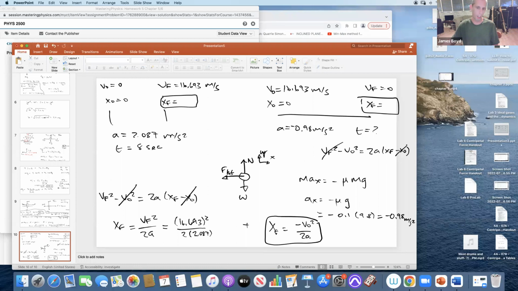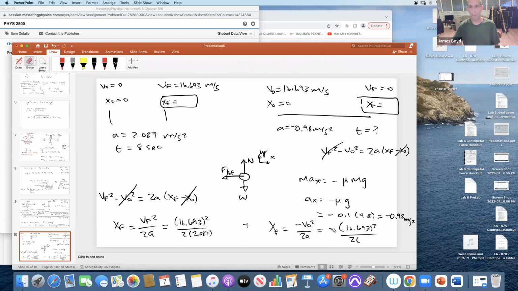Okay. A is going to be negative this time. So this is negative 16.693 squared over 2 times, the negative signs are going to go away because there's a negative and a negative, 2 times 0.98. What are you doing? Stop.